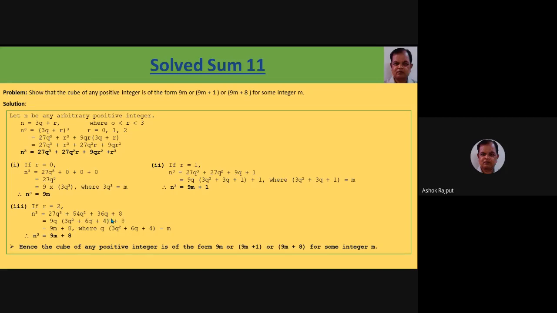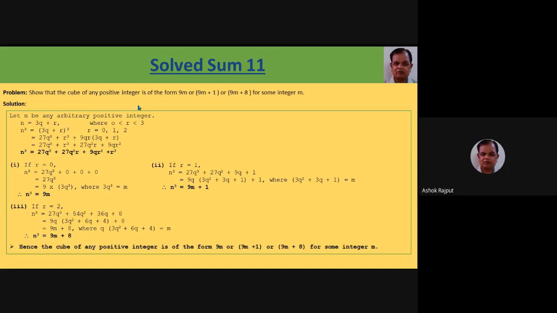We take 9 common, and in the bracket we get 3q³ + 6q² + 4q. Let it be m, so it is 9m + 8. So n³ = 9m + 8.